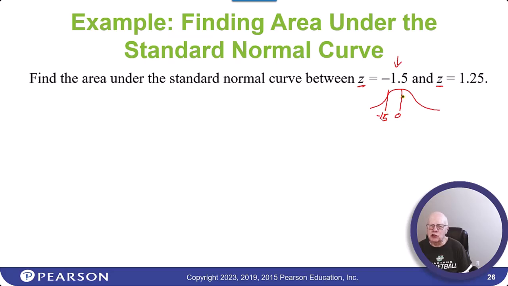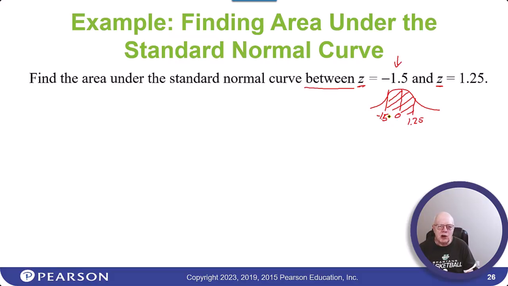And we want to go to 1.25, which will be over here, 1.25, positive. And we want what's between those two, so we can shade that area in on our curve or our picture, and we can see that we're going to look at that area. We know from the picture where we're going to start, where we're going to stop.